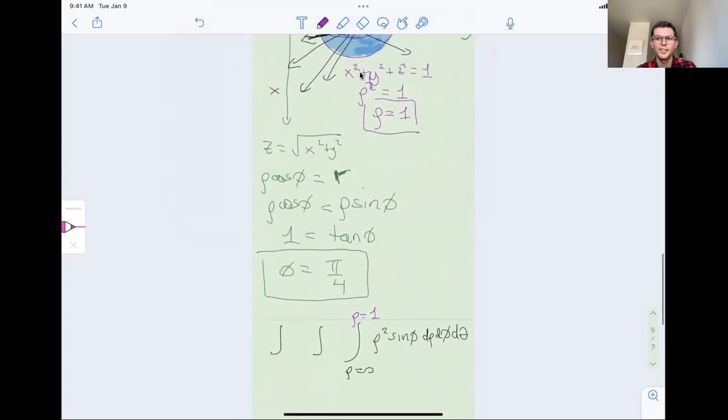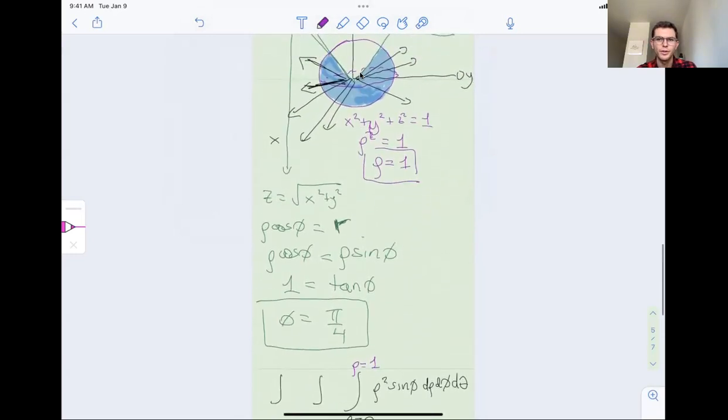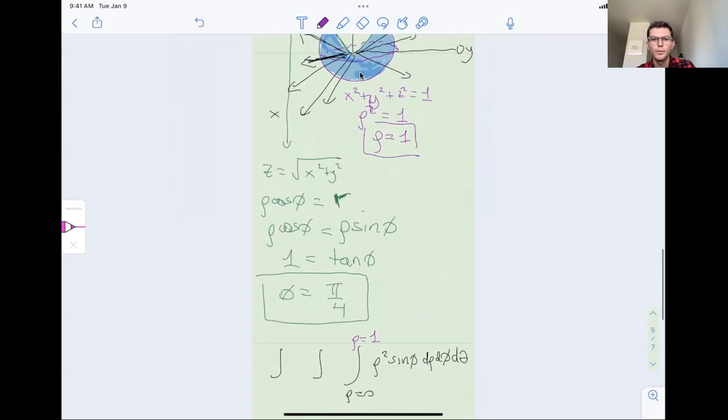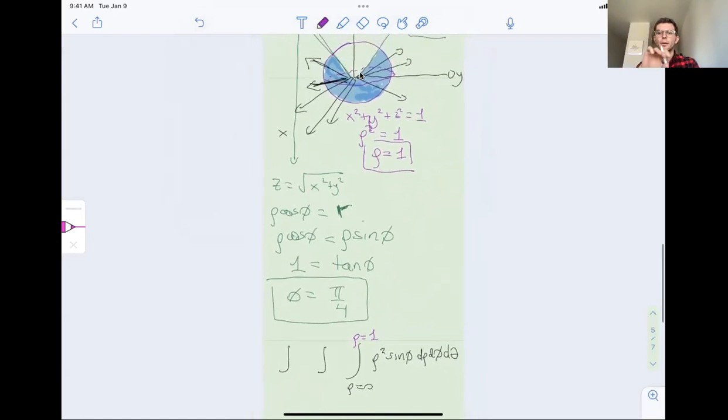But now here are the more interesting bounds, for phi. What are the bounds for phi? Remember, phi is 0 at the z-axis. Yes, but the z-axis is no longer part of the region, right? Because we removed that with the cone.